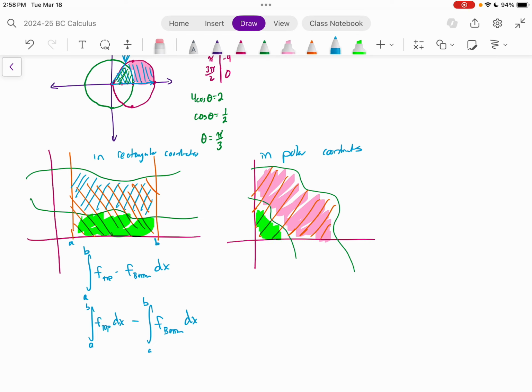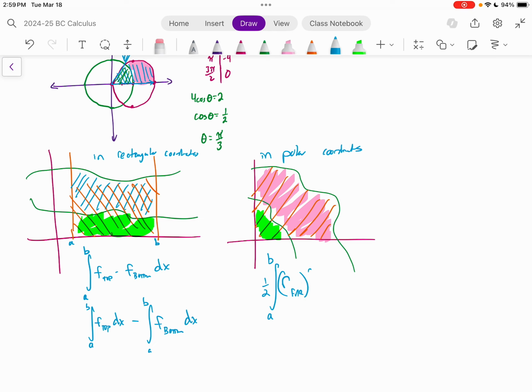So what that looks like is to say, I guess I don't have any limits, but you get the picture: from A to B, 1/2 integral of r far squared d theta. I really don't mean f far, I mean r far.